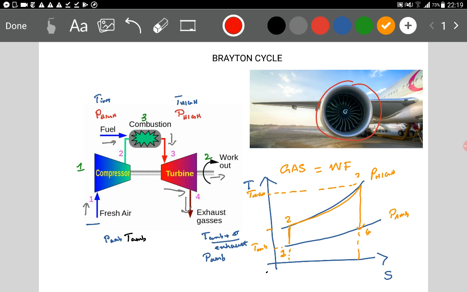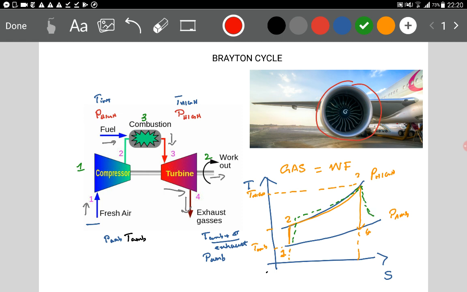This is the ideal gas cycle, but we can also draw an actual gas cycle on the same diagram, and the actual gas cycle is going to be something like this. First I'm going to draw, and then I'm going to explain. It's going to go up here, and then here.